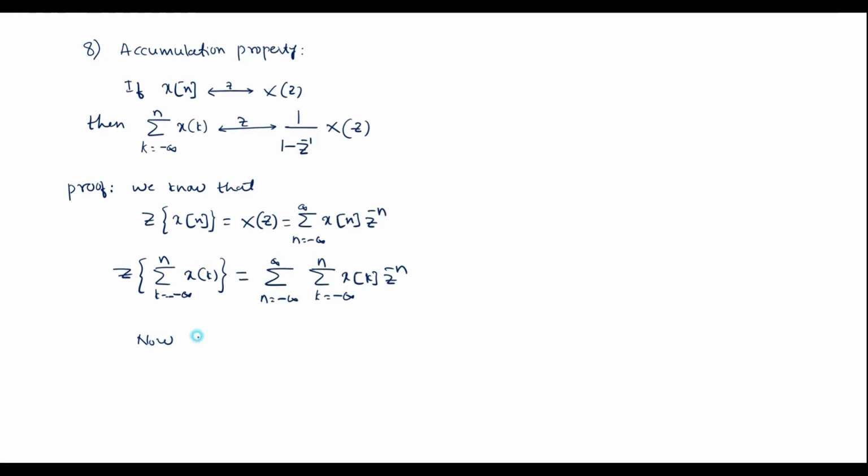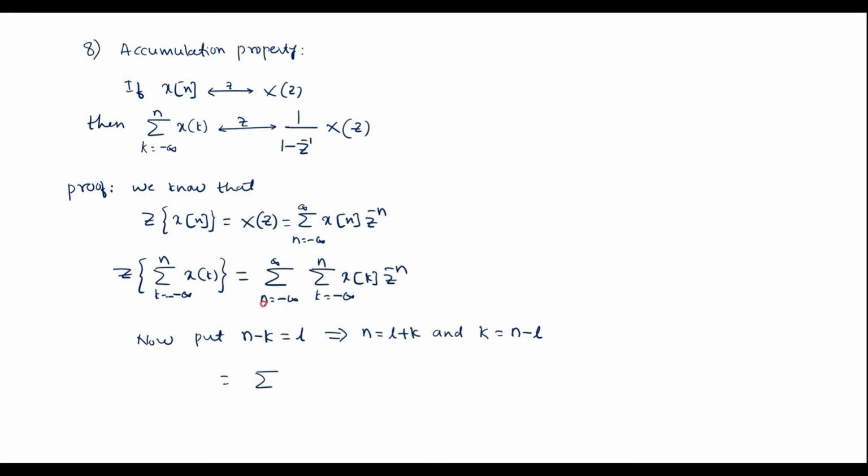Now put n minus k is equal to, say, some other variable L. So from this I can write n is equal to L plus k and k is equal to n minus L. Now I will try to replace this n variable and k variable in the summation.